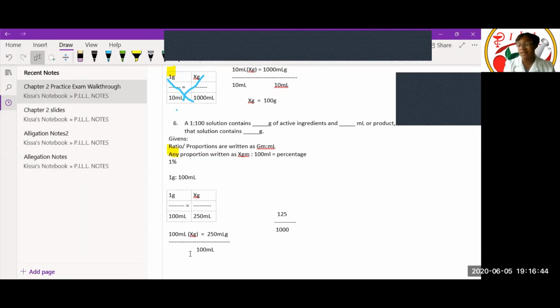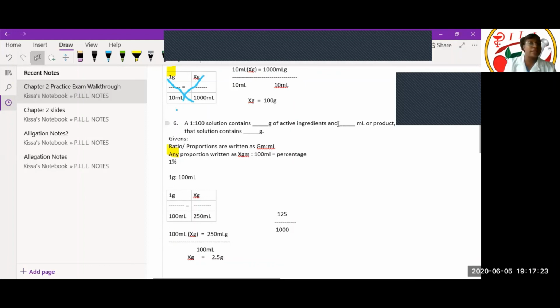So I just draw a solid line under both values, put the 100 because I'm dividing both sides by 100, and then I will write my final value, my unknown variable of grams, because 100 milliliters divided by 100 milliliters equals the value of 1 times the unknown value of x equals x. 250 milliliters divided by 100 milliliters cancels out the milliliter unit, so we're only left with the unit of grams, and that will yield 2.5 grams.